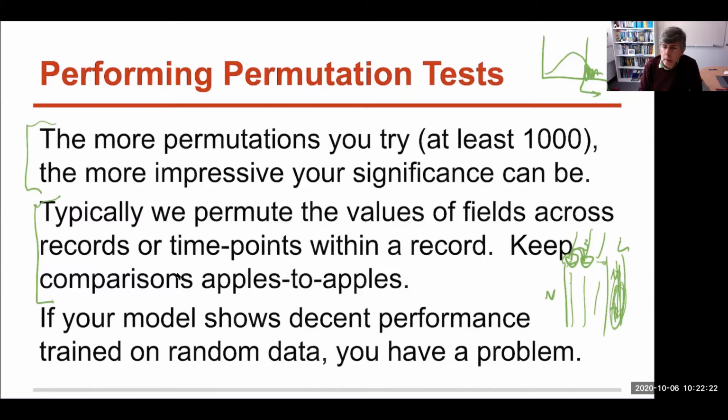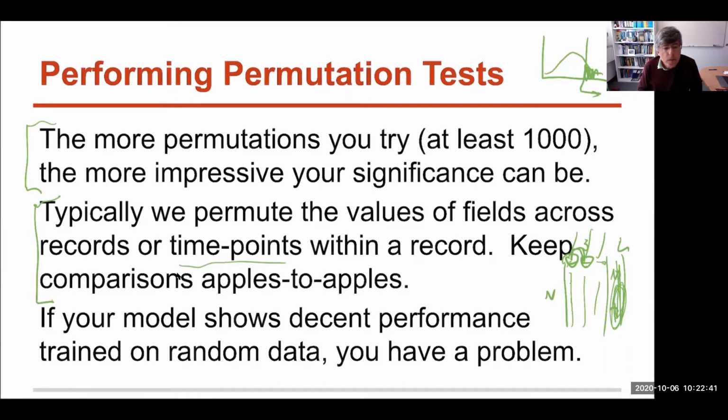And so, typically you want to permute the labels. Or you may want to permute the time points within a record. You have to be a little honest when you're doing these kinds of permutation tests.